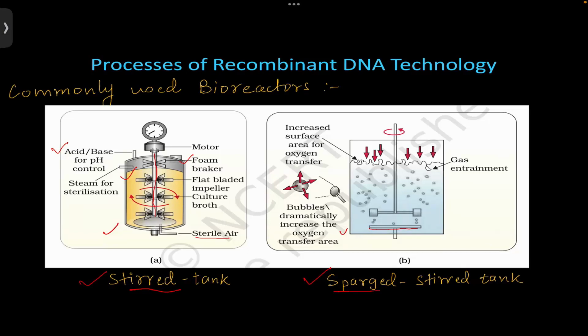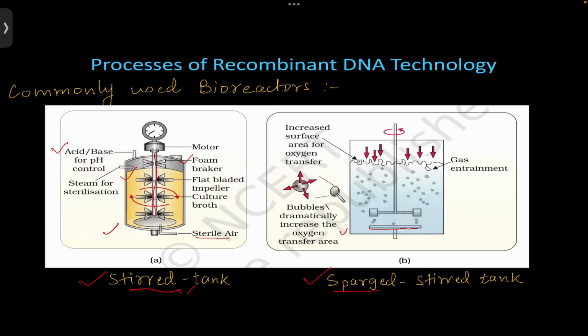The aim is the same as in the stirred tank reactor: we want continuous and uniform circulation of nutrients and oxygen around the entire volume of the bioreactor, meaning each cell should be able to get fresh media and fresh oxygen.